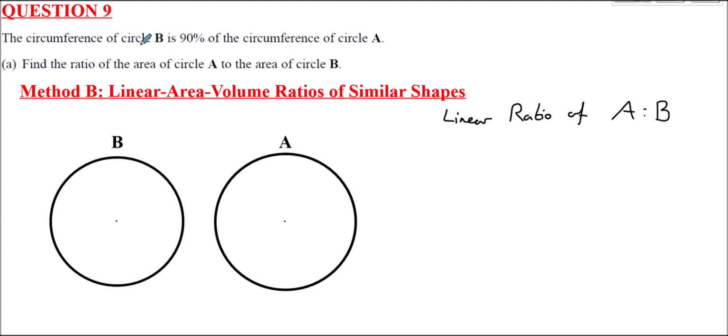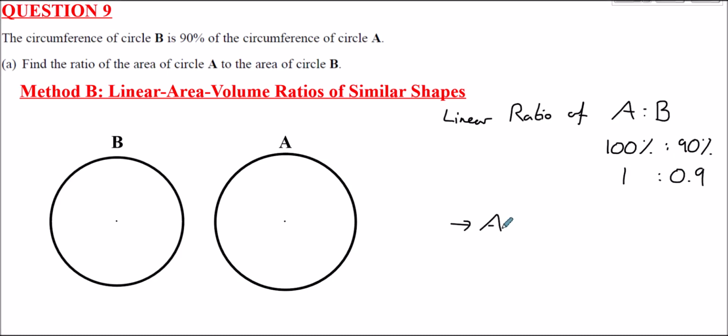Circumference of circle B is 90% of the circumference of circle A. And so if we have A as 100%, B will just be 90% of that. In terms of decimals, 100% is 1 unit, 90% is 0.9.